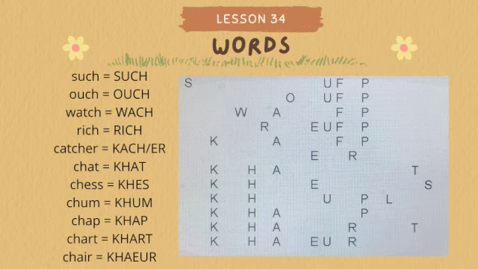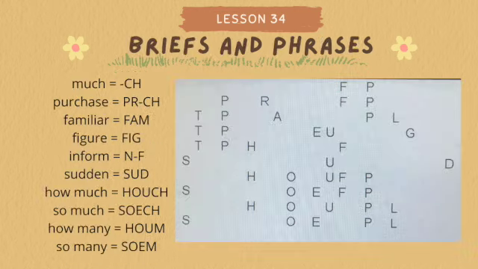For a longer look at the words, you may again click the pause button for that. Okay? So you study how these words are written. Okay, let's proceed to briefs and phrases or arbitraries and phrases.